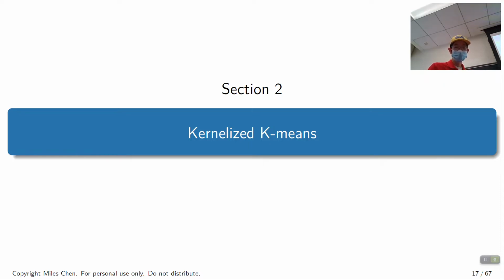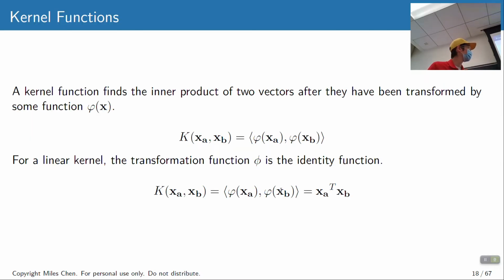And so the idea here, again with the kernel function, is there is some function that we can apply to 2 points, xa and xb, and the result of this kernel function is equivalent to applying some kind of transformation to the point xa and applying the transformation to xb, and then taking the inner product of those transformed points.